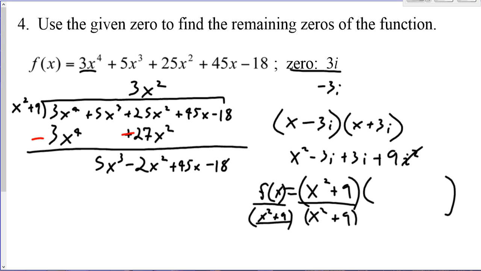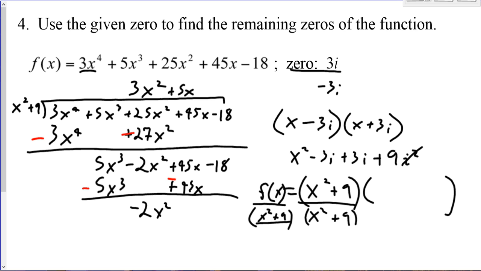x squared times what is 5x cubed? That's going to be plus 5x. Multiply that through, I get 5x cubed plus 45x. Change my signs, that goes to negative, that goes to negative. So this drops down, minus 2x squared, that goes to 0, minus 18.